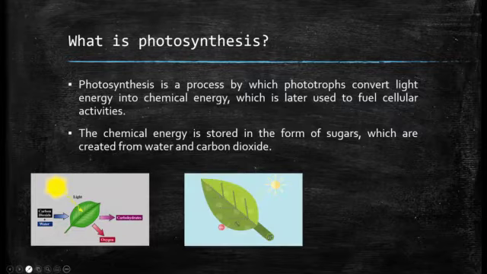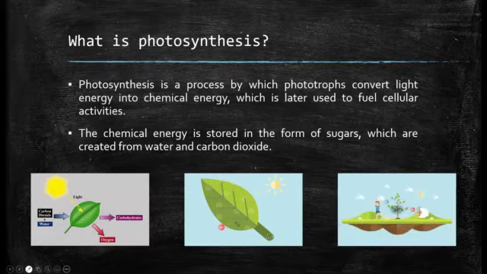As you can see, carbon dioxide, water and light enter, then it leaves carbohydrates and oxygen in the form of sugars. As you can see, carbon dioxide comes in and oxygen comes out.